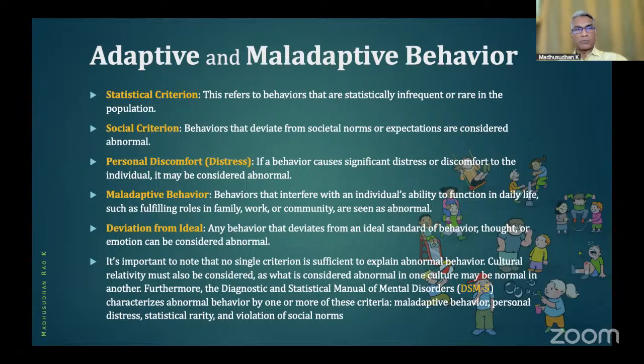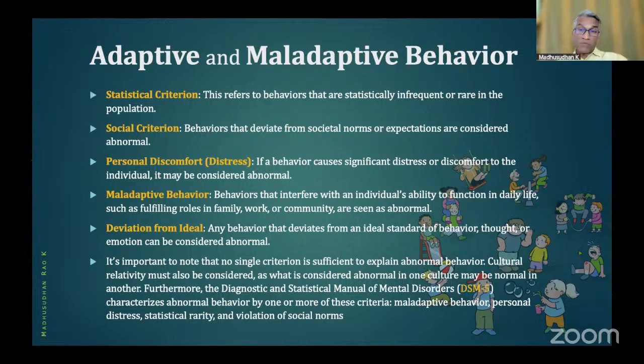Now, maladaptive behavior: behaviors that interfere with an individual's ability to function in daily life, such as fulfilling roles in family, work, and community, are seen as abnormal. There are some rules and regulations which you have to fulfill. If you're not able to do that, then you're known as abnormal.